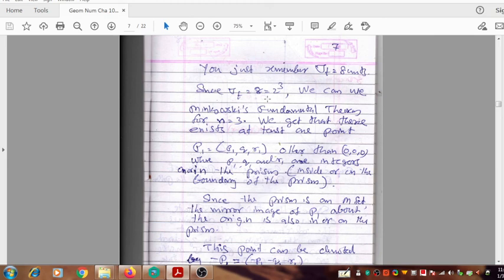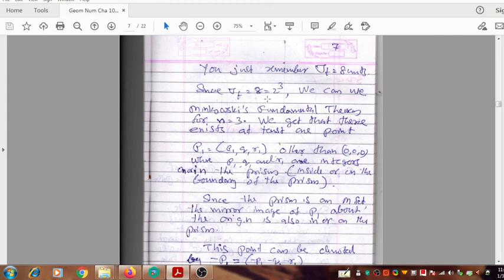Then we get that there exists at least one point, a lattice point. After comparison we can see that n equal to 3 in Minkowski's fundamental theorem, and Minkowski's theorem says that there exists at least one lattice point.